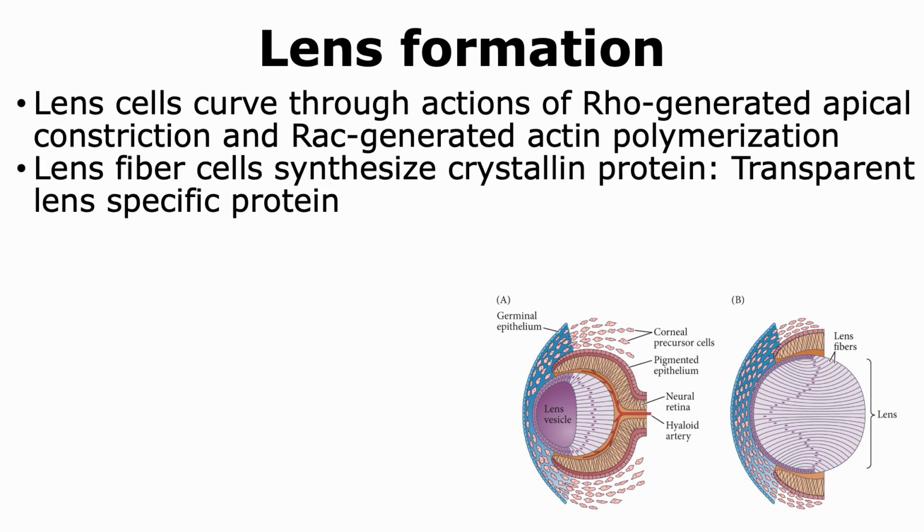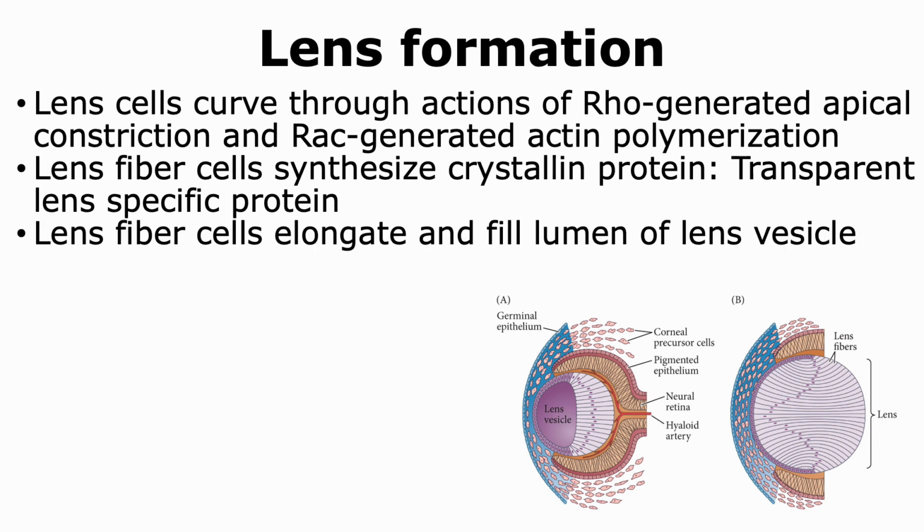Now, the lens fiber cells also synthesize the crystallin protein, which is the transparent lens-specific protein that allows light to pass through. The lens fiber cells will elongate and fill the lumen of the lens vesicle. When we look at the picture in the blue box, we can see the lens fiber cells, which are the white elongated cells, and they are contacting the lens vesicle.